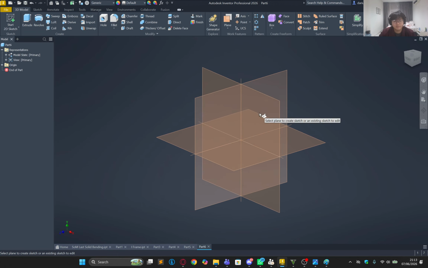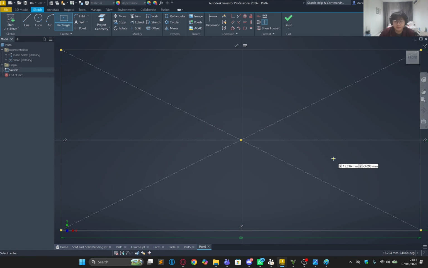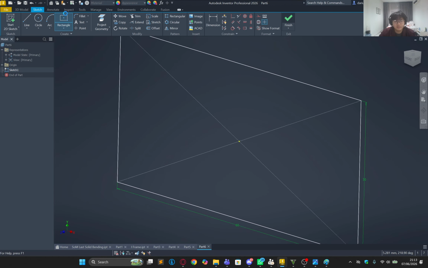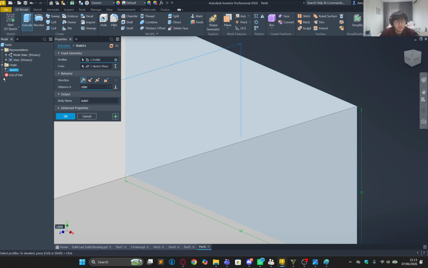Okay, let's start. 60 by 30. And then when we finish this, we extrude it by 1000 millimeters. I do it in this direction specifically so I don't have to bother messing with the later step.